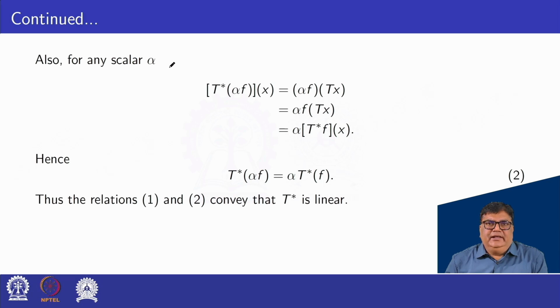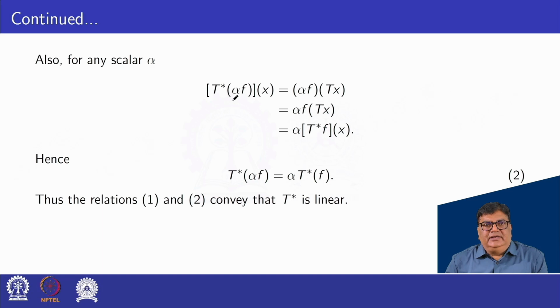Also, for any scalar alpha, (T star (alpha f))(x) equal to (alpha f) of Tx, as per the definition of adjoint. Meaning of this is alpha into f of Tx, that alpha is scalar. Again, f of Tx can be written as (T star f)(x), as per the definition of adjoint.